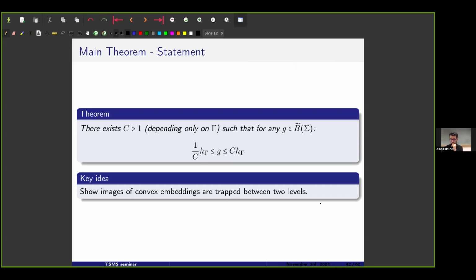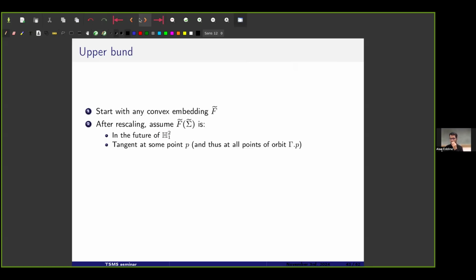Okay. So if we assume always that our graph is tangent to and in the future of the hyperboloid, the hyperbolic part, then there exists a level, H2 alpha, where any embedding is between these two levels. Any embedding of a negatively curved metric will be between these two levels. Okay, so this is the first idea.